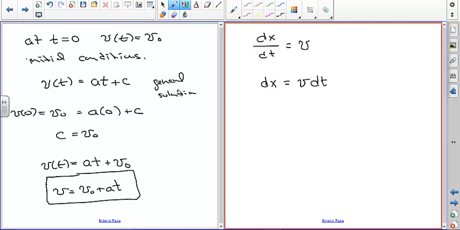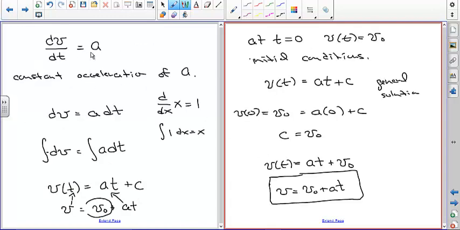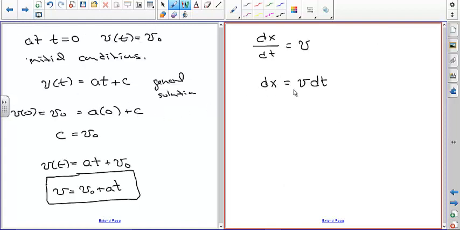So it's just like we did with the acceleration thing. Now, acceleration here was constant. The velocity I just calculated from the previous step. So what I'm going to do is substitute in for v, I'm going to put in v0 plus at dt.